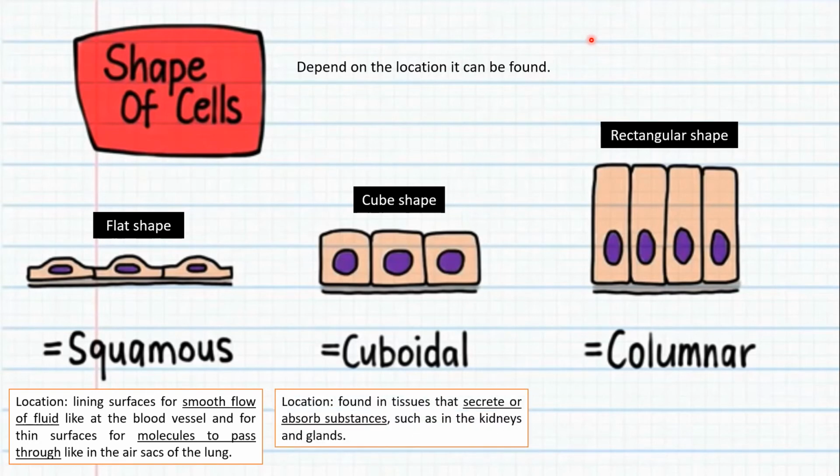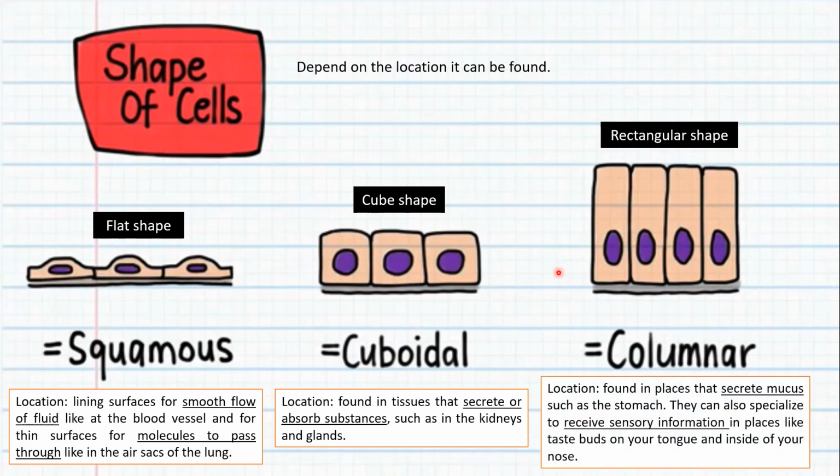As for the cuboidal shape, it can be found lining the kidneys and glands for secretion or absorption of substances. As for the columnar epithelial shape, it can be found lining the stomach, helping in the secretion of mucus, and it can also be found in our tongue or our nose, just enough to receive sensory information.